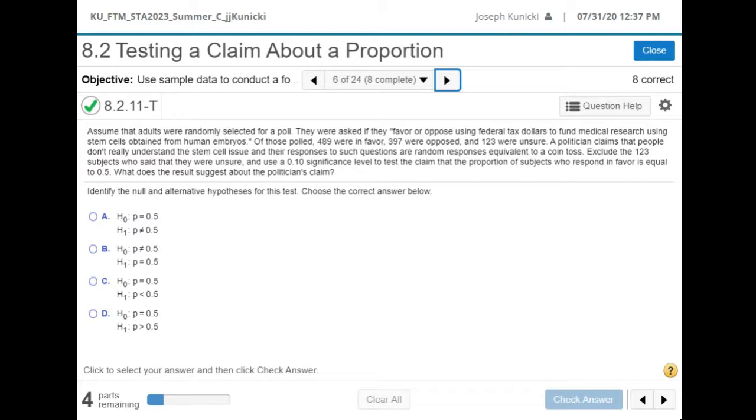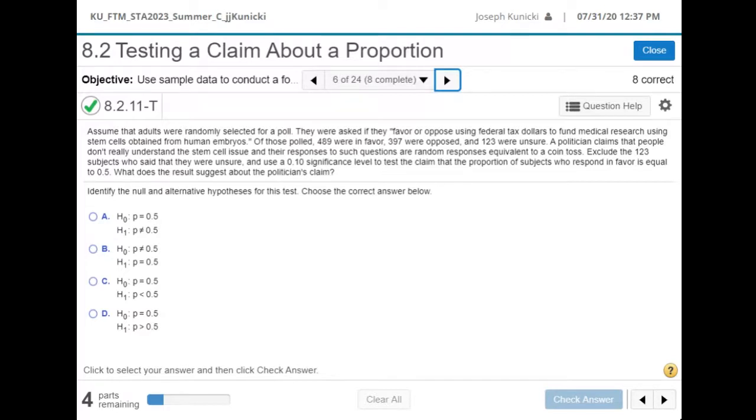The total number sampled, if you add 489 and 397, you get 886. So N is 886. That's the number of responses. Alpha is 0.10. Two-tailed test, so it's 5% in each tail.